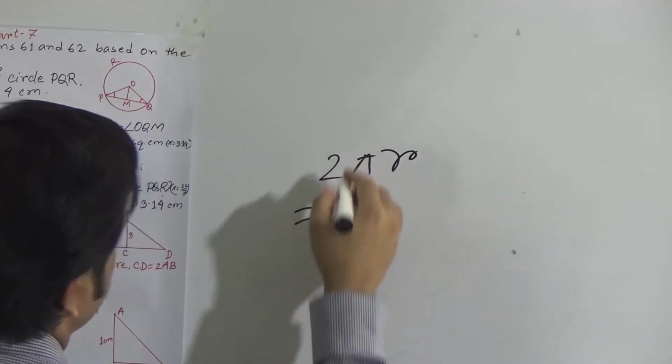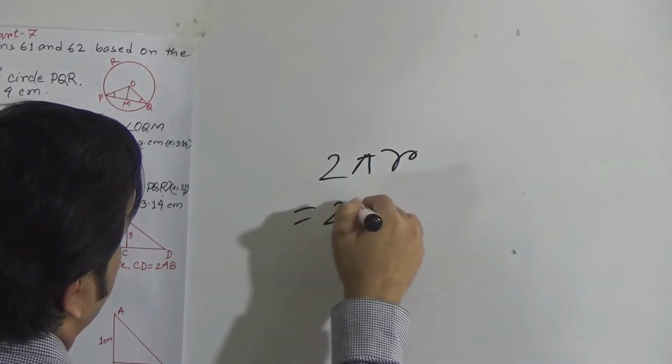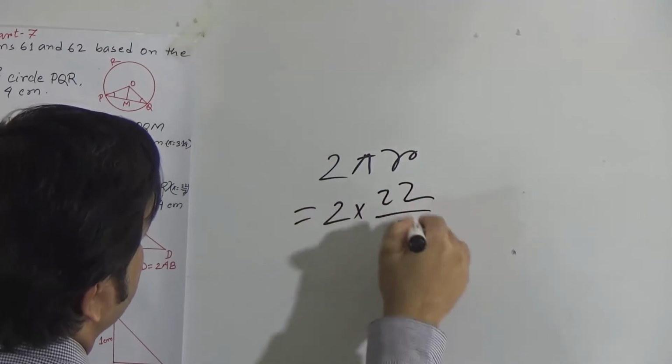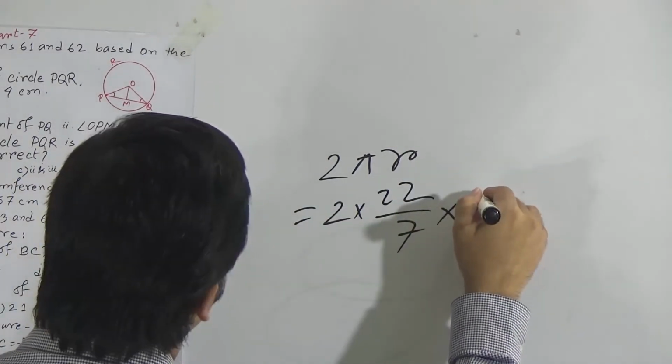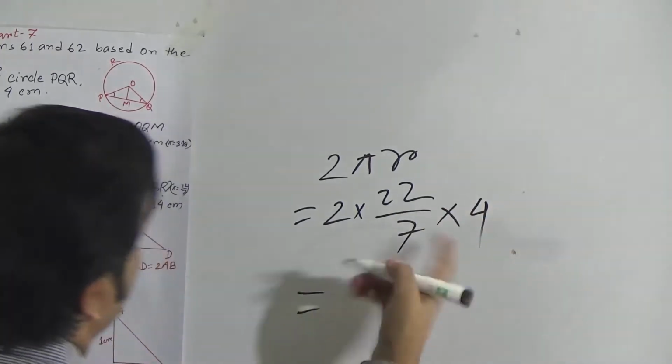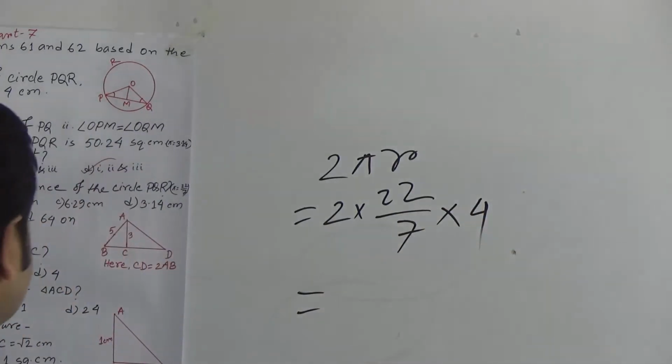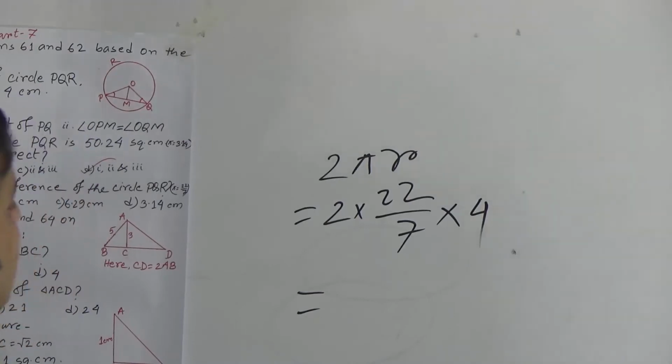R is the radius, which is 4. So if you calculate here, what will you get? You will get 25.14.